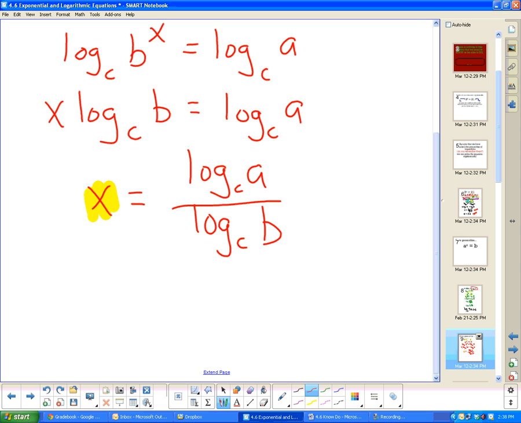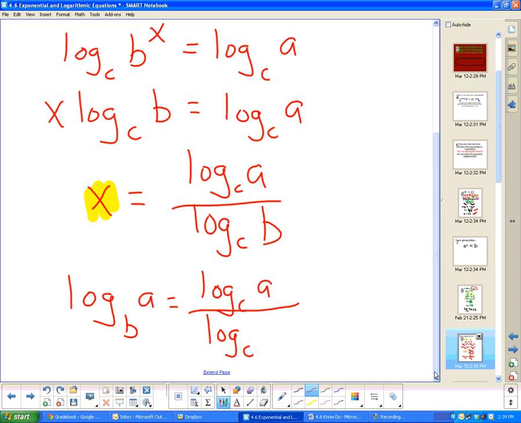And so it'll be logarithm base b of a is equal to logarithm base c of a over logarithm base c of b. The important part here is to equate the parts that are equal to each other and get them all in the right place.